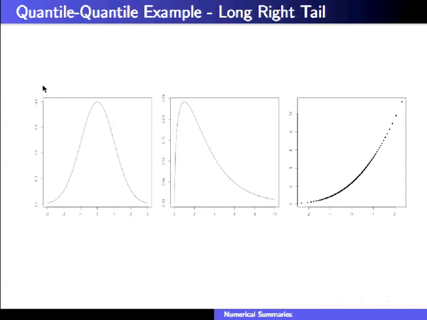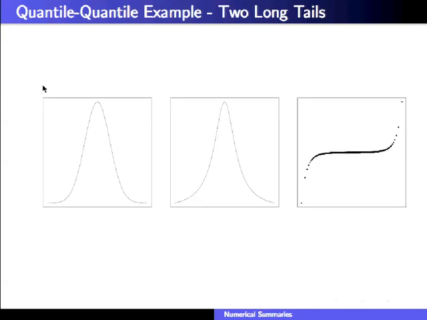In the book and the chapter on the infant health, there's a whole slew of these that show you what the different shapes mean. The last one I'm going to show you is this one. Again, we've got a nice normal bell-shaped curve. The one in the middle is also bell-shaped, but its tails are longer. And on the far right, we've plotted the quantiles.